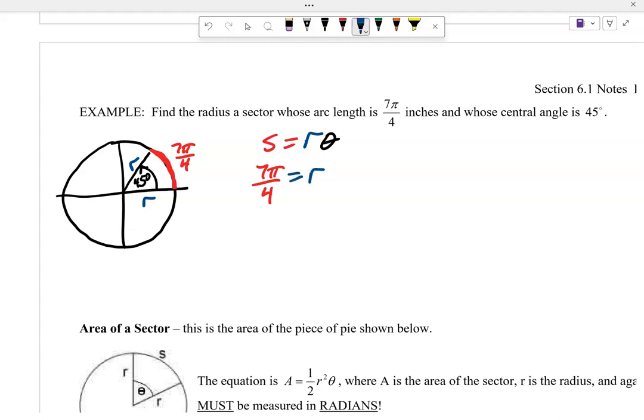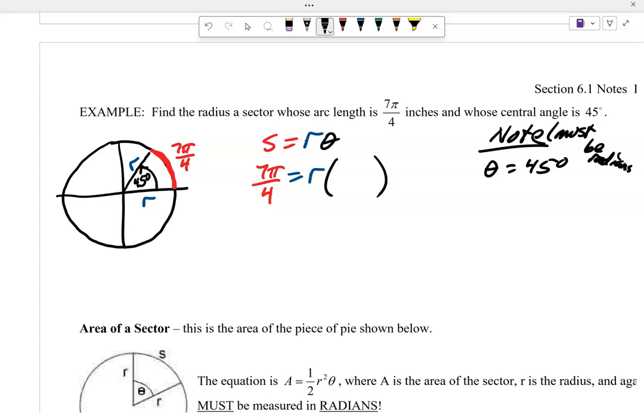We're trying to find the radius times theta, but note theta is 45 degrees. This has got to be, must be in radians, right? So we got to convert this. If I'm 45 degrees, let's convert this pi over 180 degrees, and theta ends up being pi fourths. Okay, so we have pi fourths radians.